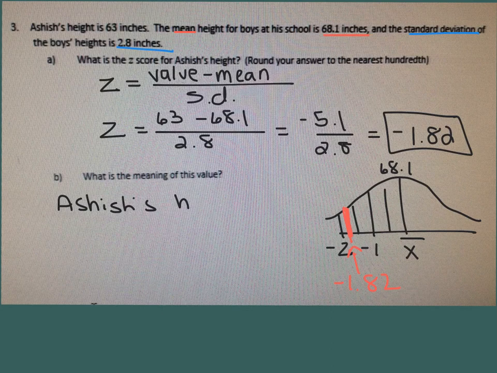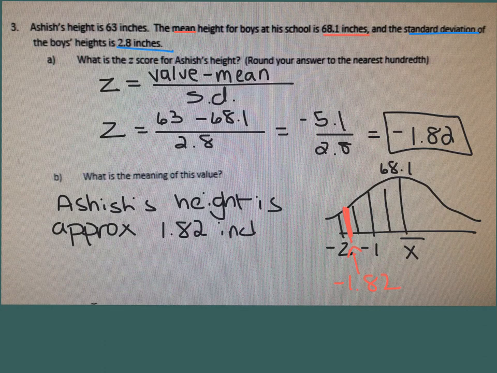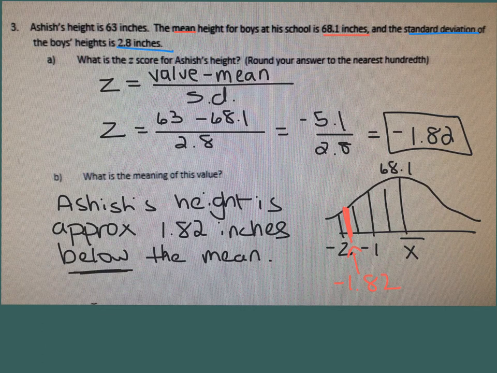I'm going to say approximately because it's a rounded value. And I'm saying below because we have a negative value.